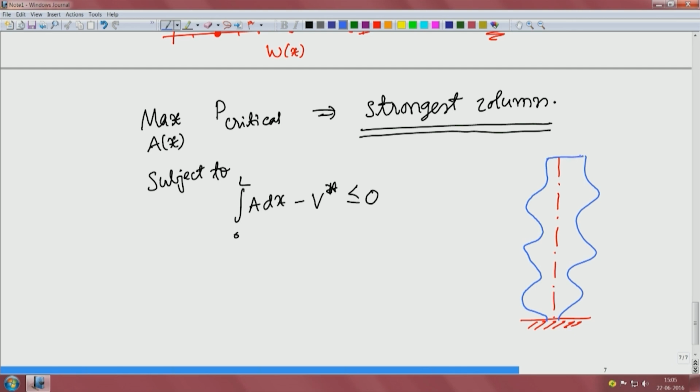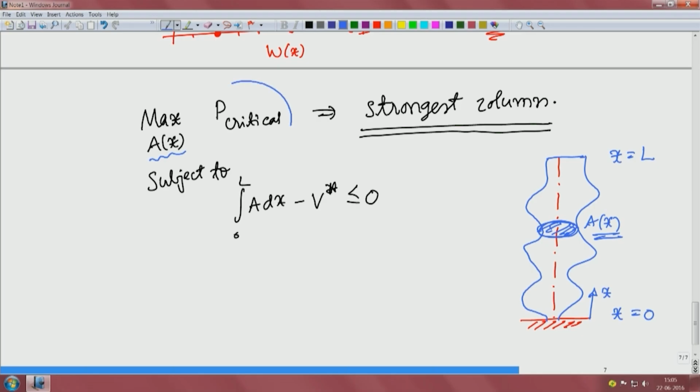Everywhere the cross section, this A of x, is a function of x. Again, our x goes in this direction, x equal to 0 and x equal to L here. We want to find this function A of x. That is why it became our design variable.